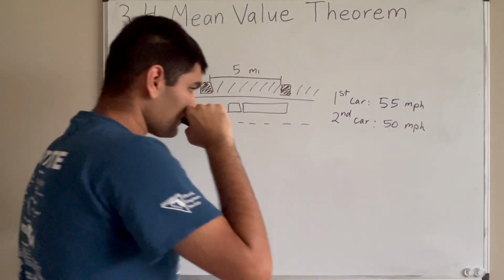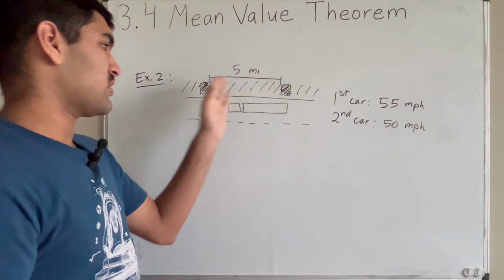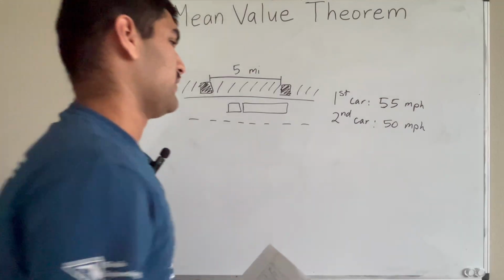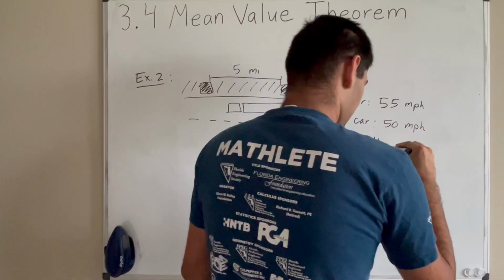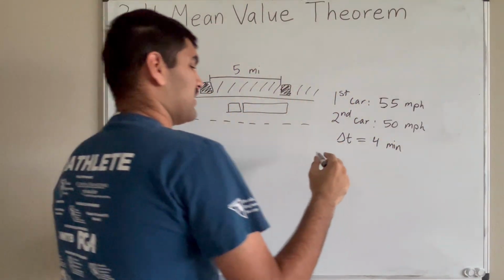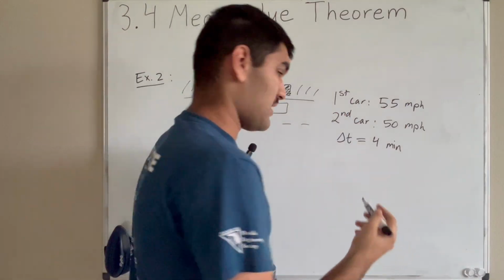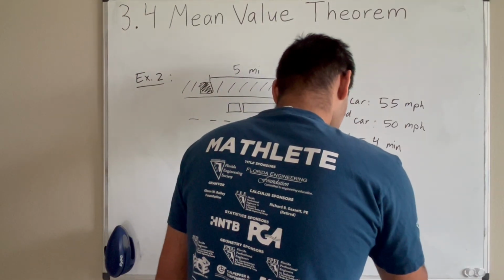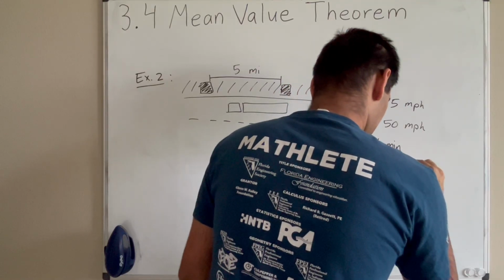We're also given that the time it takes the truck to go from the first car to the second car is 4 minutes. So our time interval, delta t, is 4 minutes. Furthermore, the speed limit on this road is 55 miles per hour.